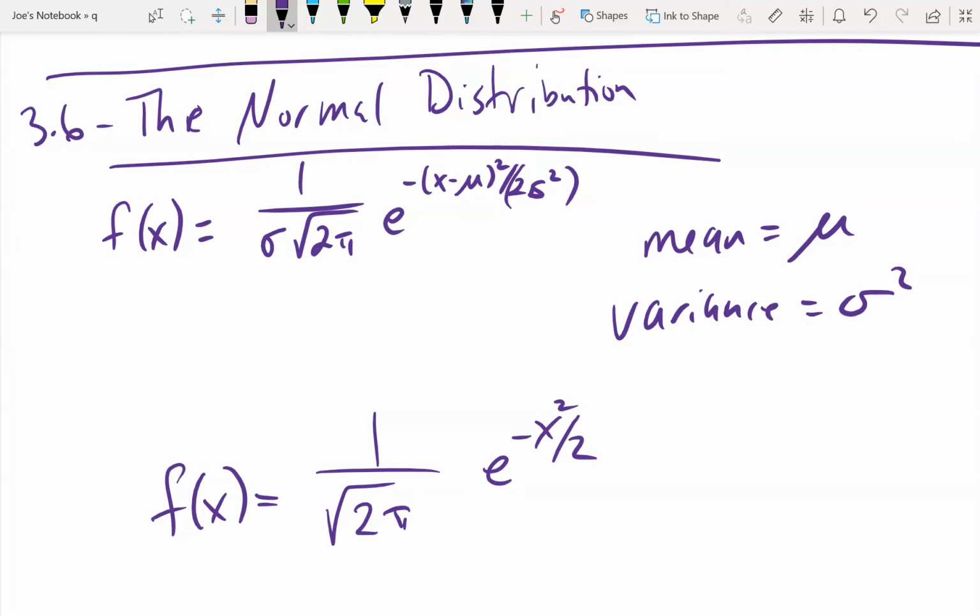The exponent is going to be big negative, so this is going to go to 0. So the farther you go out in either direction, the closer the graph gets to the x-axis. The highest point will be where? It'll be at 0. That's as big as it could possibly get.